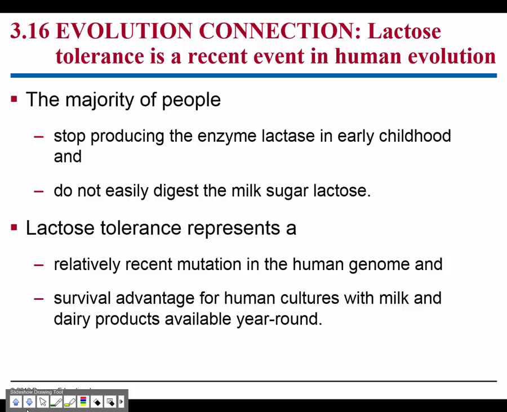So back to our lactase. Most people stop producing lactase in childhood, which makes it hard to digest milk. Lactose tolerance is a relatively recent mutation in the human genome, and it became advantageous for human cultures with access to dairy to keep this, so they could digest milk late into their adulthood.